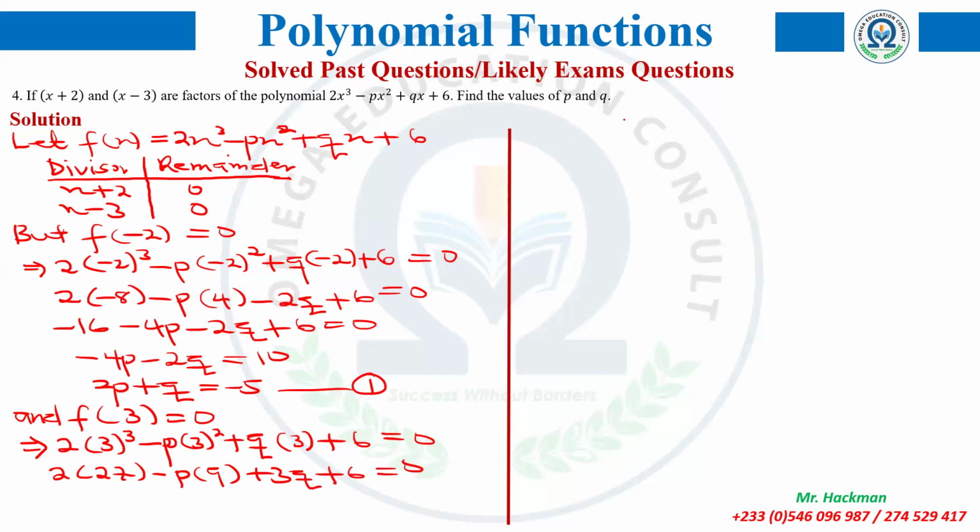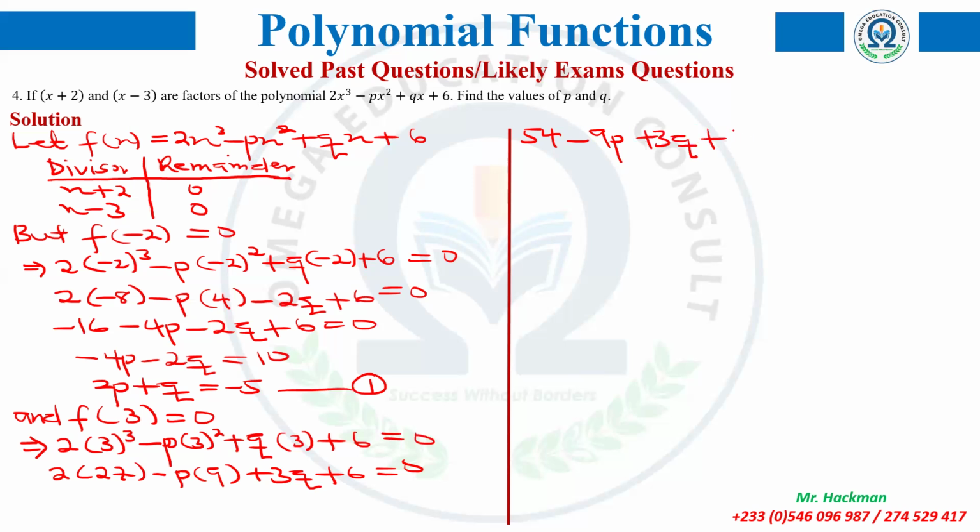So we move on to the next. 2 times 27 will give us 54, then minus 9p, then plus 3q.